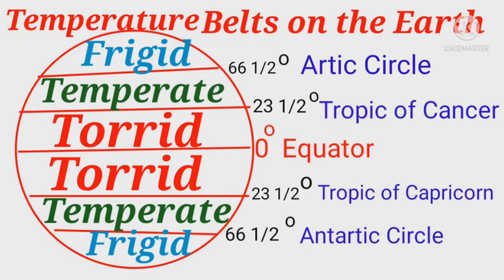In the northern hemisphere, June 21st is the longest day because on that day the sun reaches the Tropic of Cancer. In both northern and southern hemispheres, on March 21st and September 23rd, we get day and night in equal hours, called equinoxes.